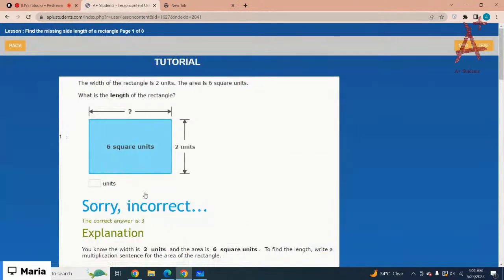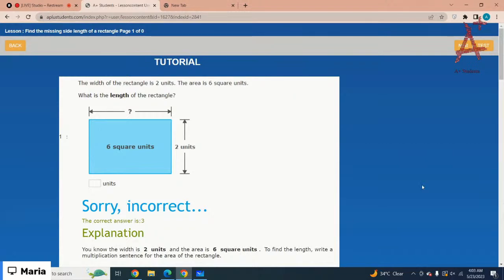Let's start with the first example. The width of a rectangle is 2 units. The area is 6 square units. What is the length of the rectangle? That means you are given the width of the rectangle and the area of the rectangle. You have to find the length of the rectangle.